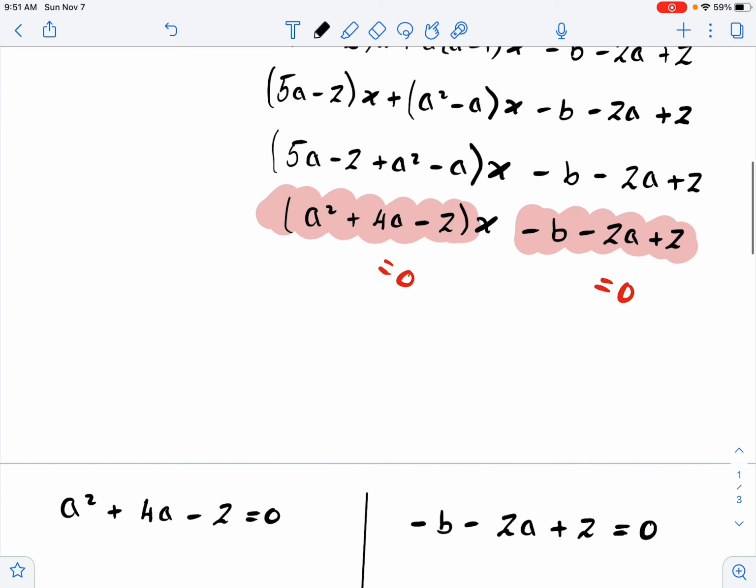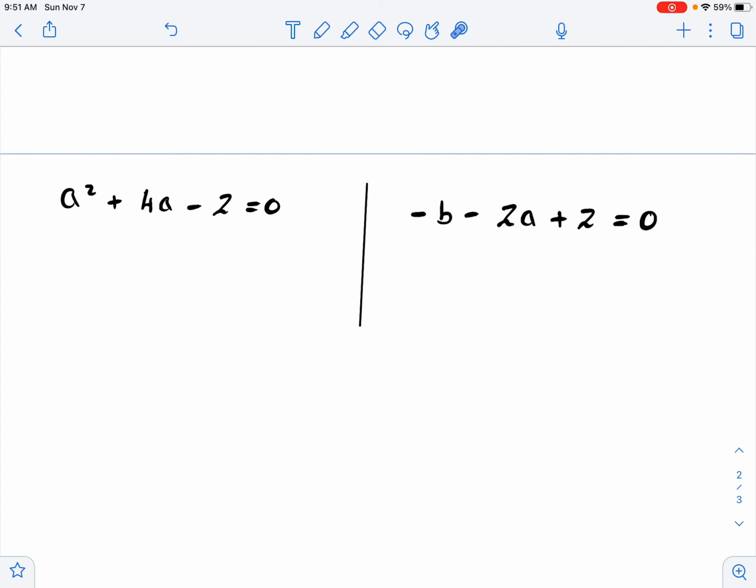So I'll go to this second equation and rewrite this as 2a is equal to, adding 2a to both sides, 2 minus b, and then I'll just divide both sides by 2 to get a by itself. A is equal to 2 divided by 2 is 1, minus b divided by 2 is b over 2.